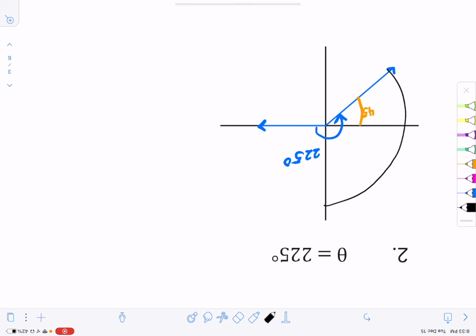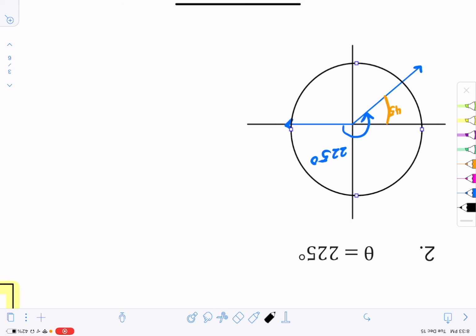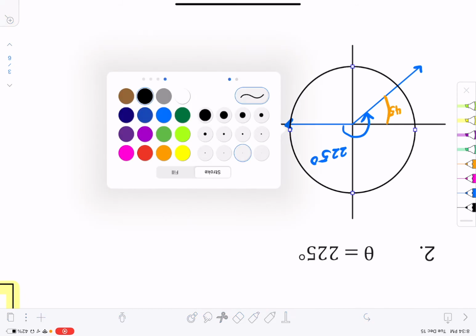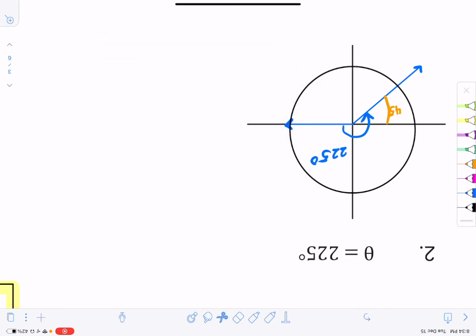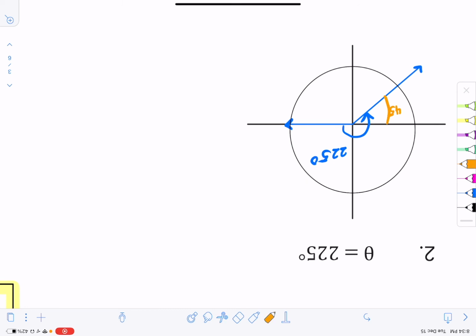I'm also just going to sketch the unit circle, and I'm going to mark where my point intersects the unit circle. So this is the point where we're looking for x comma y.